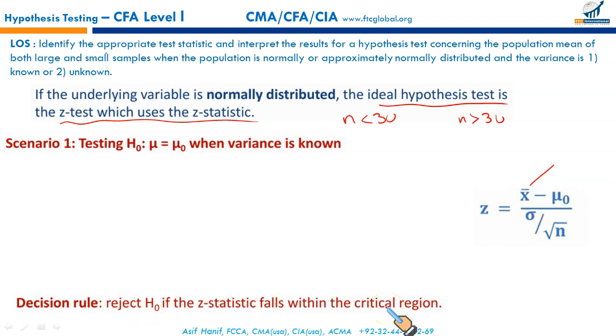Now this is important. If the underlying variable is normally distributed and the population variance is known, then you use the z-statistic, the z-distribution. But if the population variance is not given, that is the topic for our next slide.